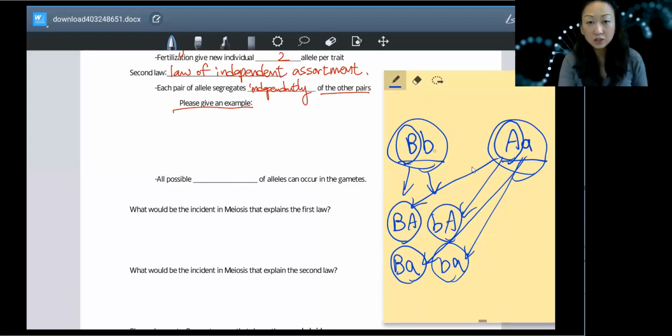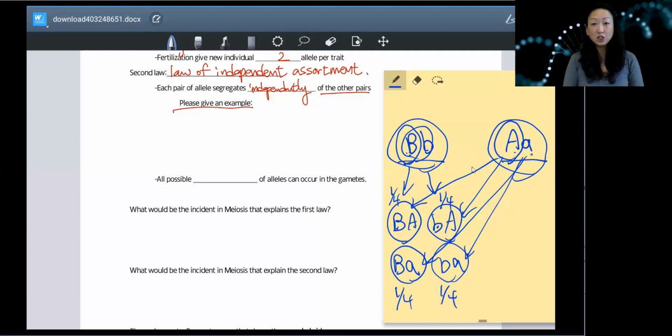If I am heterozygous in my hair color and heterozygous in my eye color, remember, when I make gametes, I get half of everything. I don't get both. I get either or. I get the big B or the small b. I get the big A or the small a. But the truth is, when I get big B, I have equal chance of getting A or small a. So each of these possibilities is 1/4. And we'll talk more about that moving on.